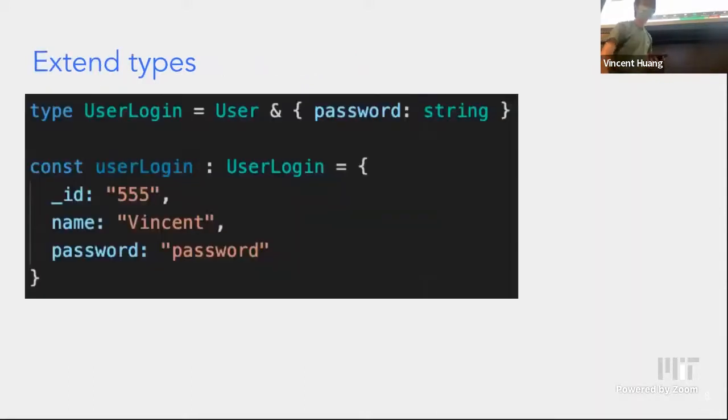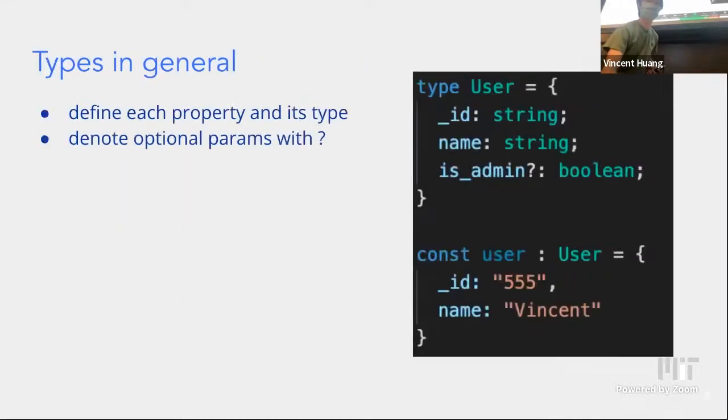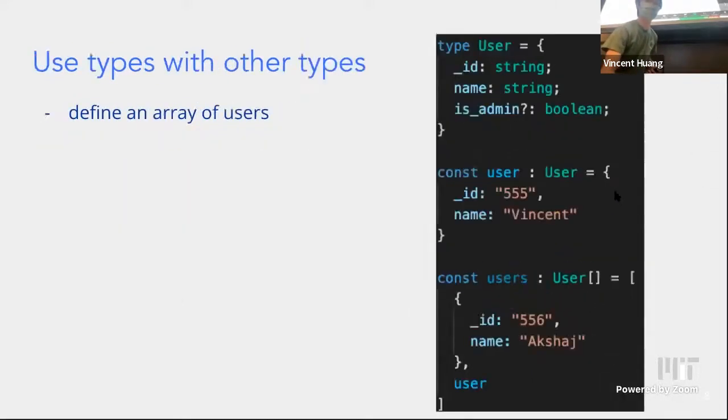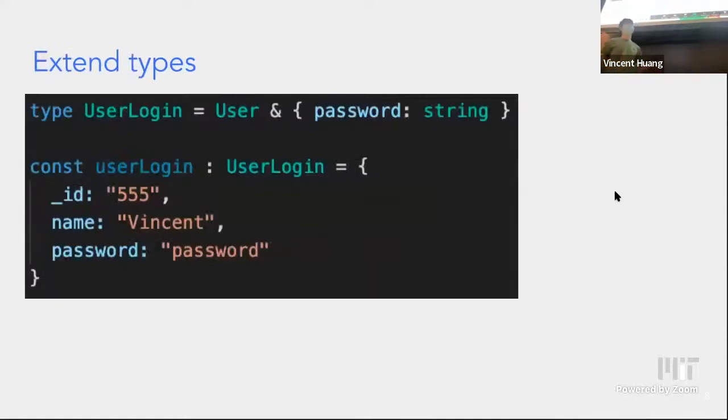And another way you can do this, or the actual way you extend types, is if I have a user with these 3 fields, which are the ID, name, and admin, and then I want to define another type, which has the same 3 fields, but it also has password. One way you could do that is just write out all 4 fields explicitly.